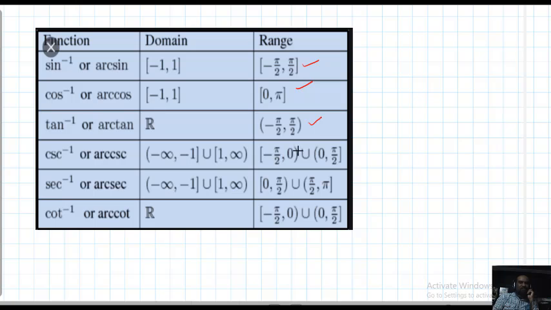Their domains are the same, but the ranges are different. Observe here: minus pi by 2 to pi by 2 excluding 0, and 0 to pi excluding pi by 2. The last one, cot inverse x, domain is all real numbers. This is wrong. So the range is open 0 to pi. This is the range of the cot function. You should remember all these things.